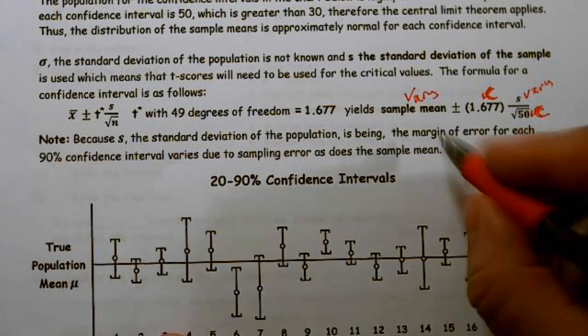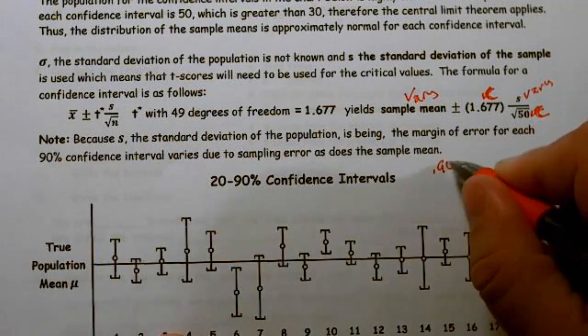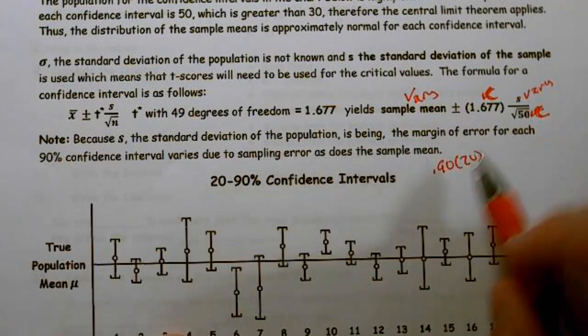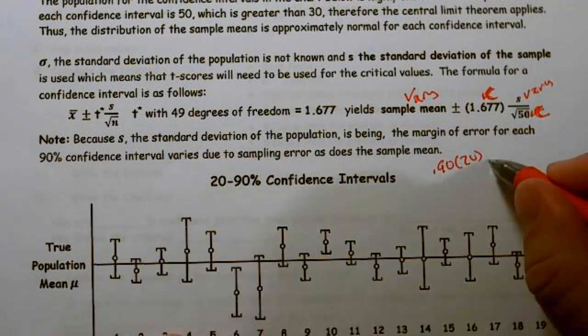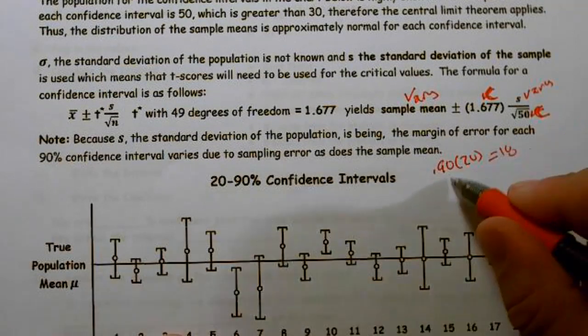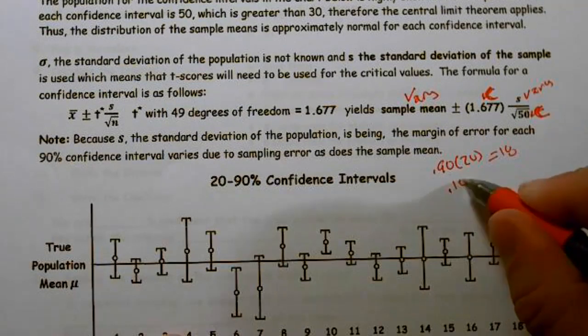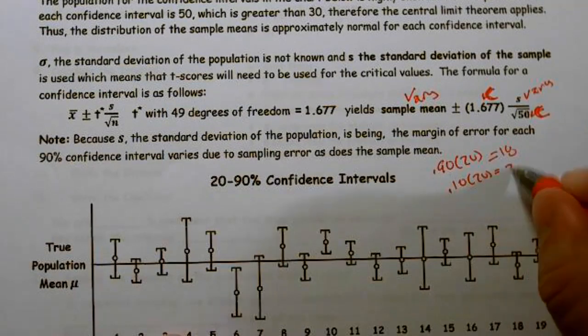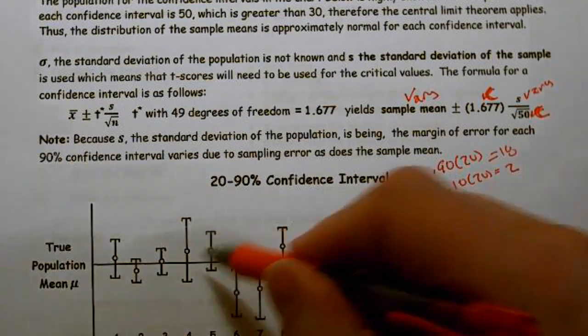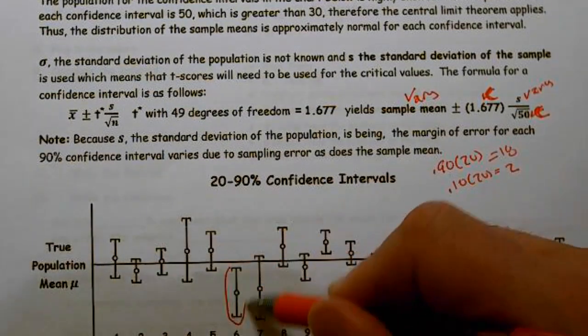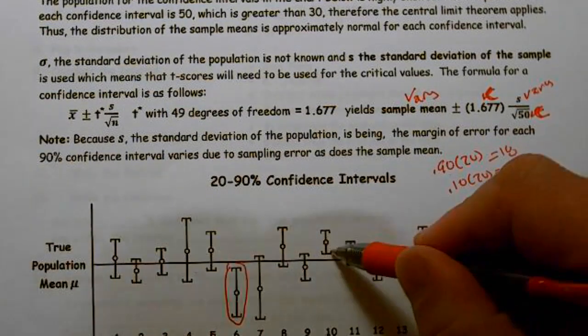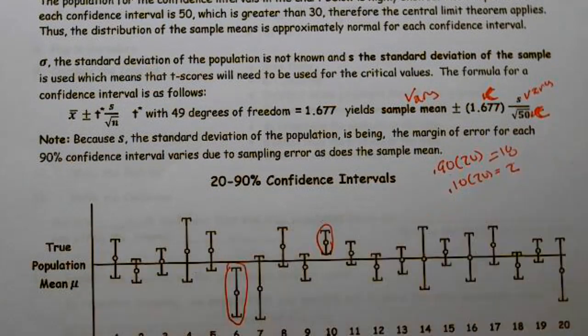And we said that 90% of the time, when we have 20 of these intervals, we'd capture it 18 times if we did that much. And 10% times 20 is 2. And sure enough, we don't capture it here. And this little small interval there didn't capture it.